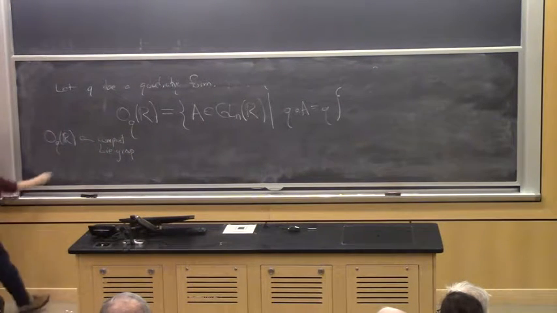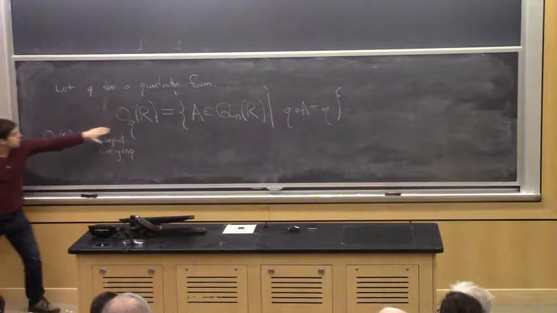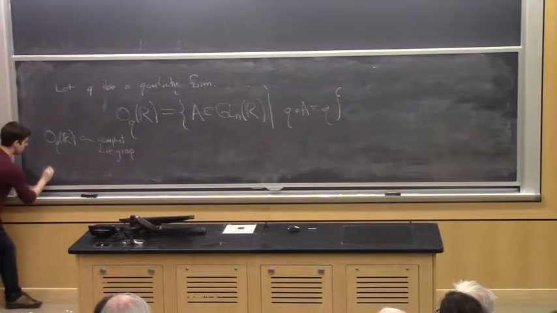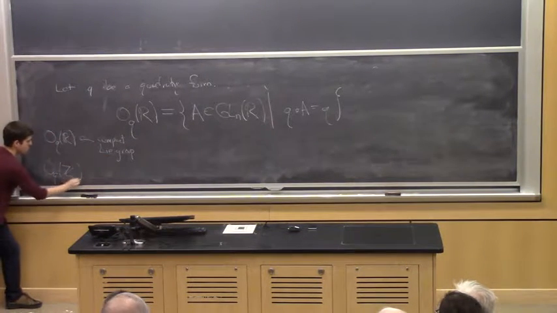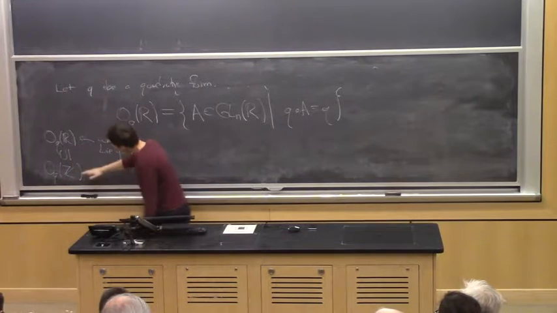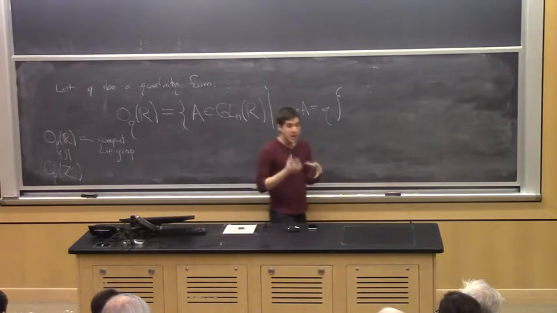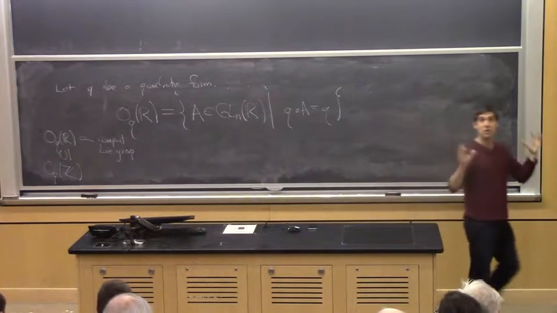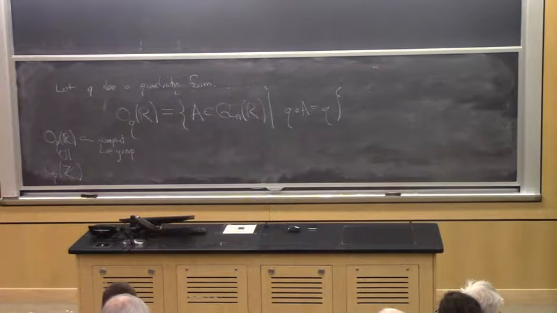But another interesting thing that you can consider when Q is defined over the integers is OQ of Z, which naturally sits inside here. So this is all rotations and reflections in Euclidean space. And this is the subgroup consisting of rotations that preserve a particular lattice in Euclidean space.